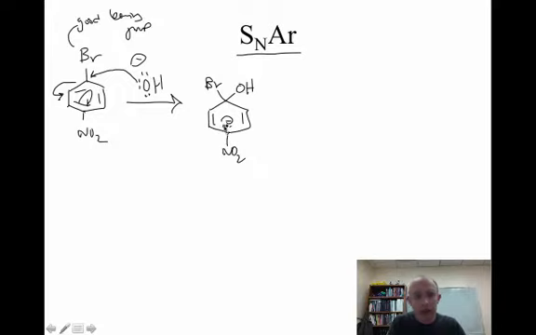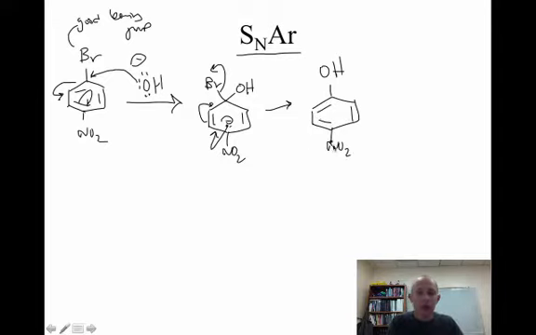And then, if we have a good leaving group here, we can restore aromaticity by kicking out the bromide to give us our product that's shown. So this makes sense, right, that this would only happen in cases where we have a nitro group in the ortho-para position, because if it was in the meta position, there's no way that we could generate a stabilized negative charge.